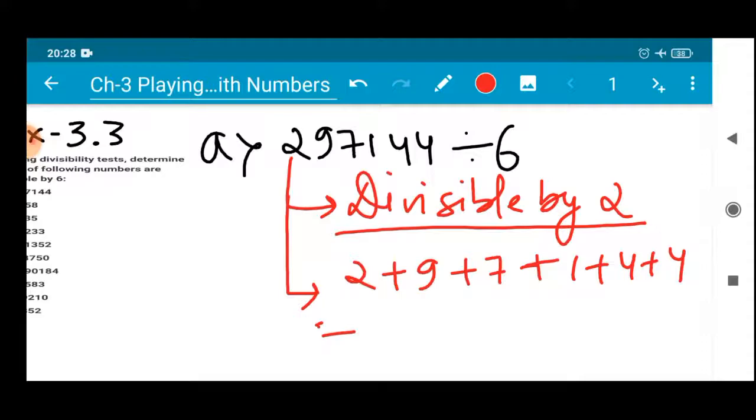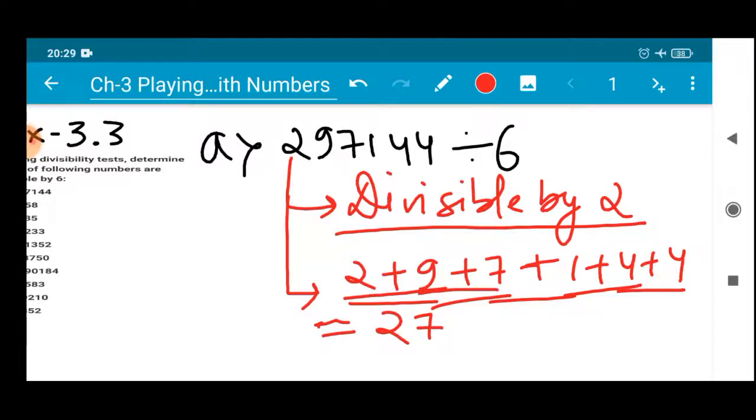On addition, 2 plus 9 is 11, 11 plus 7 is 18, 18 plus 1 is 19, 19 plus 4 is 23, and 23 plus 4 is 27. Right? Let me check it once again. 9 plus 2 is 11, 11 plus 7 is 18, 18 plus 1 is 19, 19 plus 4 is 23, and 23 plus 4 is 27.